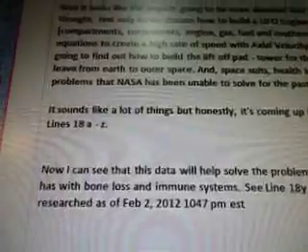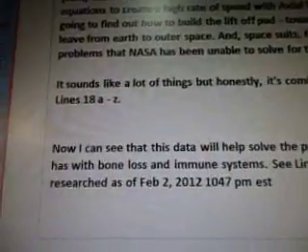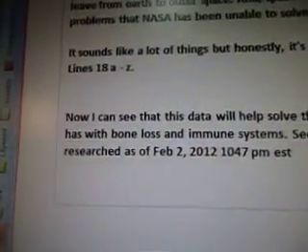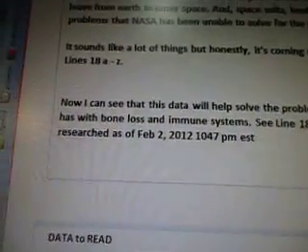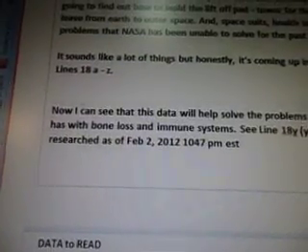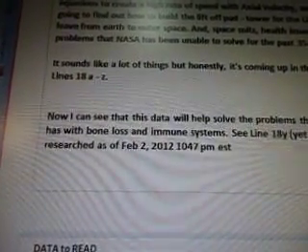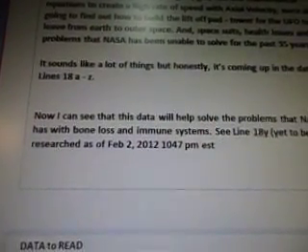Very good solutions too. It sounds like a lot of things, but honestly it's coming up in the data on lines 18A to Z. Now I can see that this data will help solve the problems that NASA has with bone loss and immune systems. See in line 18Y: yet to be researched as of February 2nd, 2012, 10:47 p.m. Eastern Standard Time.